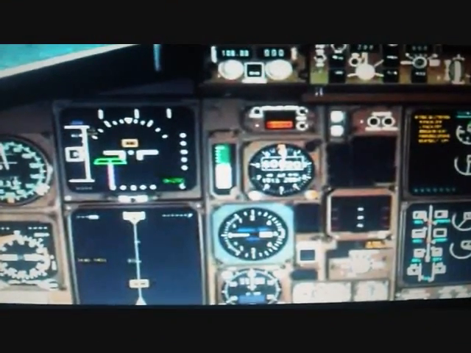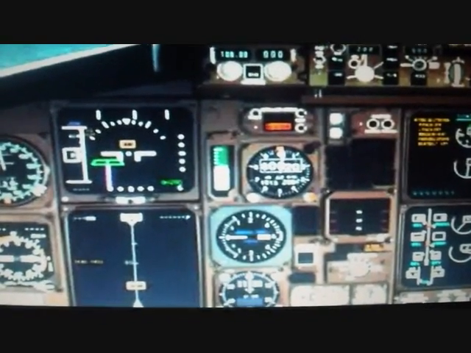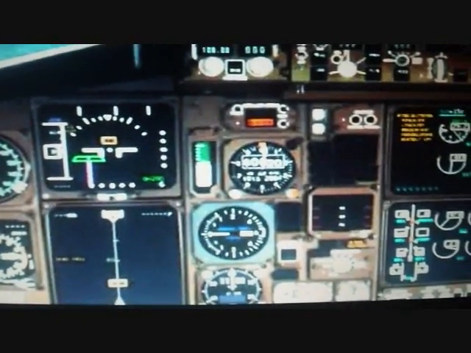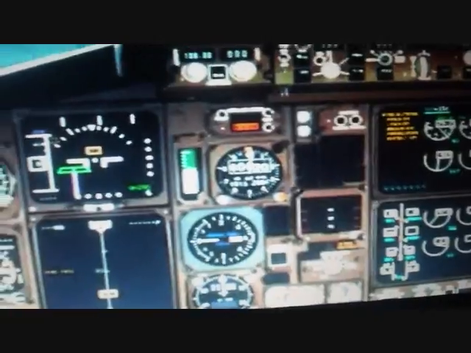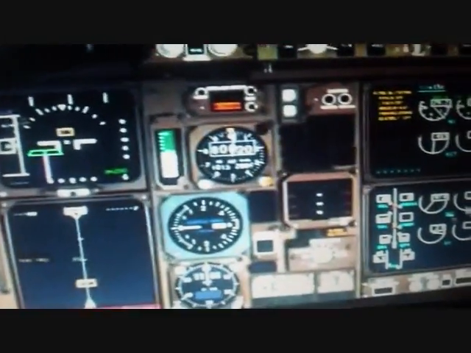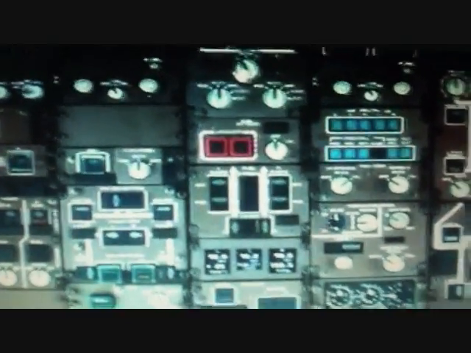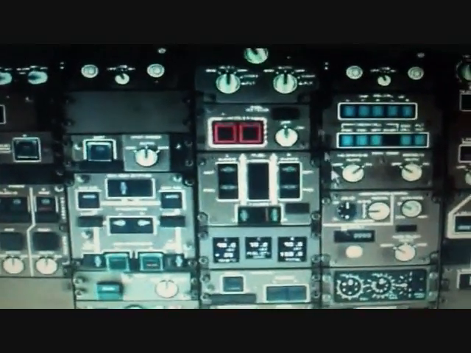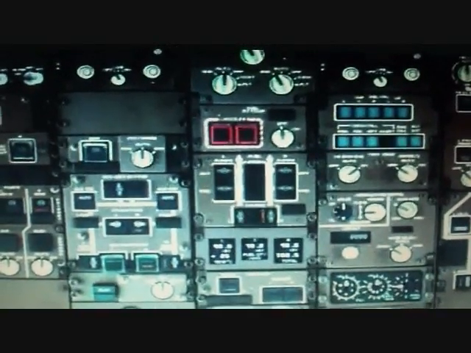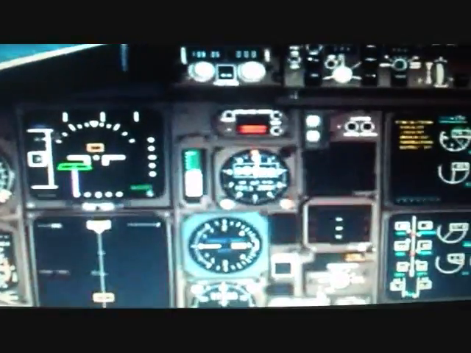Now, as an added bonus, I've decided to show you what it looks like when an engine generator has failed. Startup procedures for the engine are exactly the same. You switch the engine igniters as necessary, and then you move the engine start switch to ground.